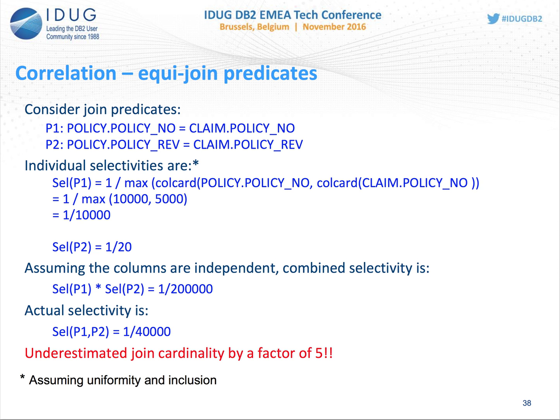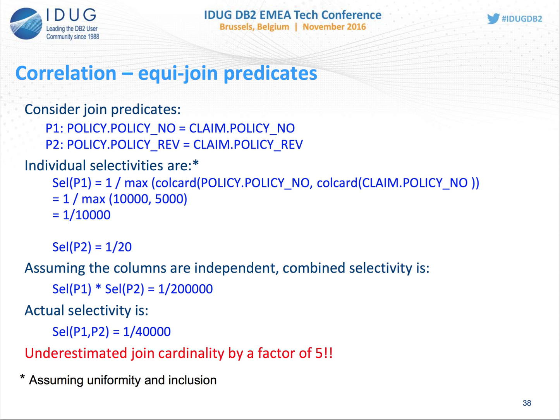In this case, the filter factor for the policy number join would be 1 over 10,000, because that was the number of distinct values in policy number in the policy table. Similarly for the revision, it was 20, so it's going to be 1 over 20, and the filter factor would then end up being 1 over 200,000.